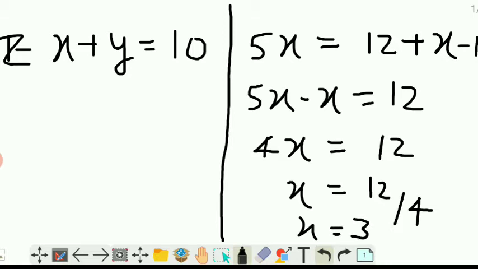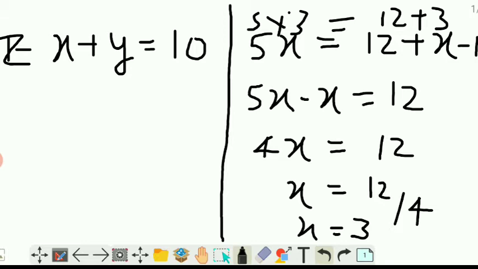When we put the value of x in the given equation, it will satisfy. 5 into 3 is 15, and 12 plus 3 is 15.